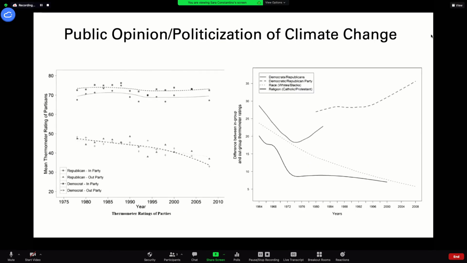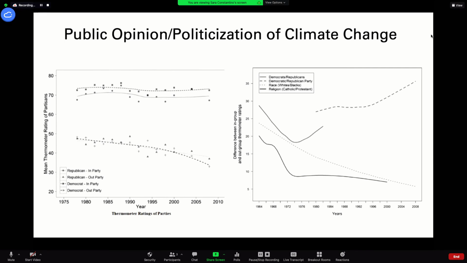Okay. So partisanship and partisan filters on experience have also been growing in the US. I'm just going to go over this figure really quickly. These are ratings from a feeling thermometer where people have to rate their in-party or their out-party. So Republicans rate Republicans as the in-party and they rate Democrats as the out-party on a scale of 0 to 100, which represents how much you can stand being around members of the other party, how much you like or respect this party.